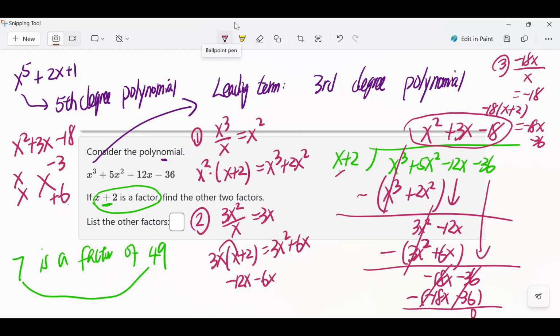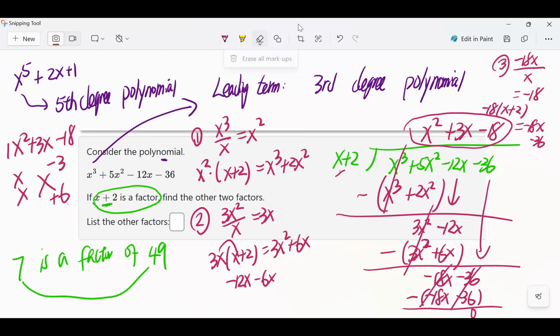And you can only use the shortcut if the leading coefficient is 1. If the leading coefficient is not 1, like 2 or 3, then you're going to do the cross multiplication to get this.